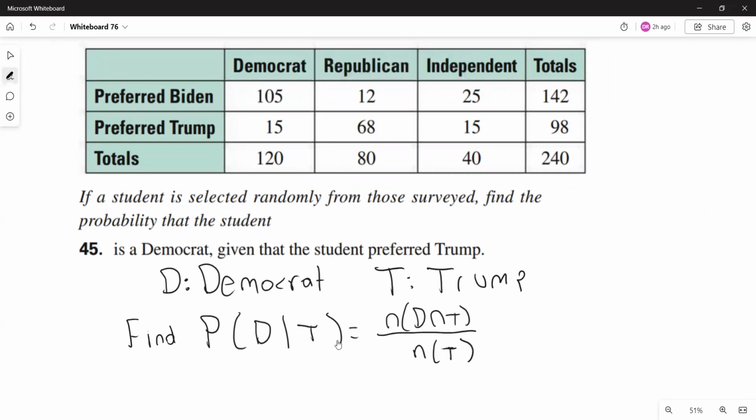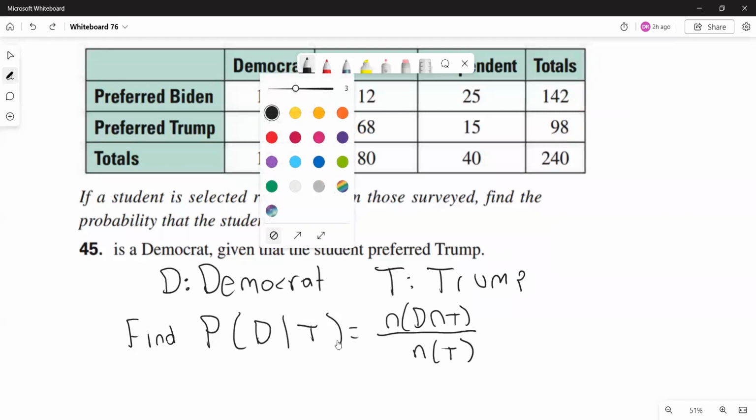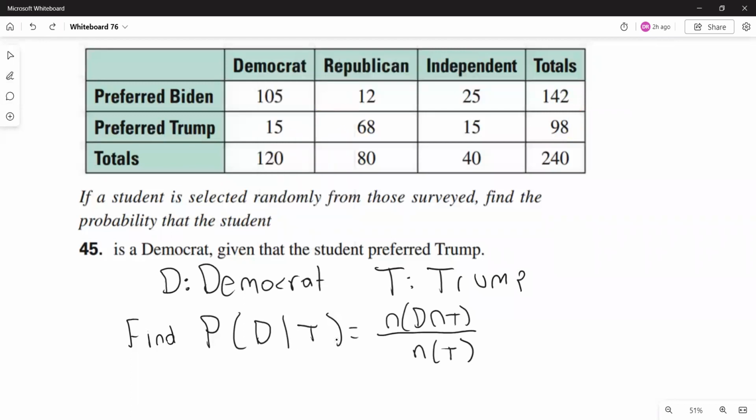So observe that 15 people are Democrat and prefer Trump, and 98 people prefer Trump. So that is going to be 15 over 98. And I'm just going to leave it as a fraction.